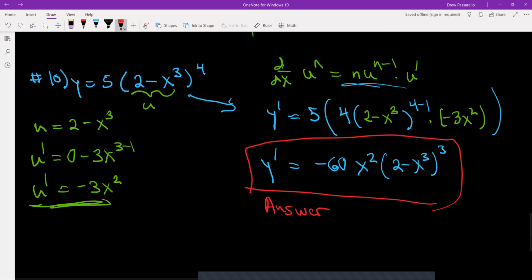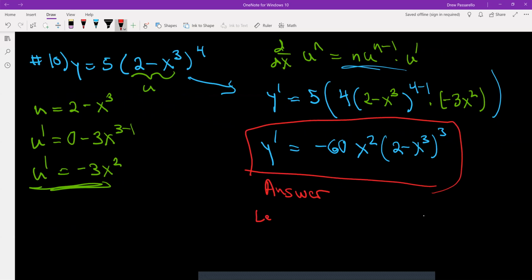I mean, you could expand it, it's just more work than what's required. So leave as is, don't expand out. Meaning that you could do 2 minus x cubed to the third power, that's 2 minus x cubed multiplied by itself 3 times. And it's just a bunch of algebra to rewrite the same answer.